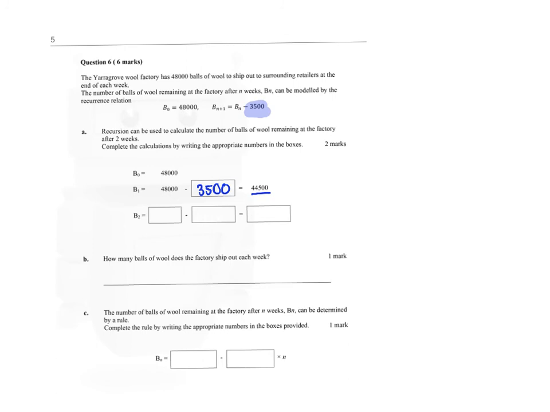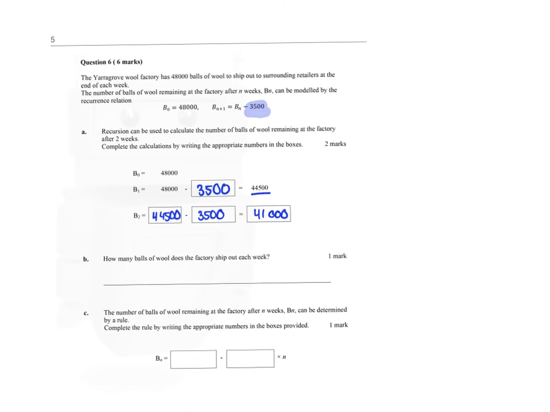When we're doing the next recursion, it'll be the one before, which is 44,500, minus the 3,500, and then you simply do that calculation, which is 41,000.